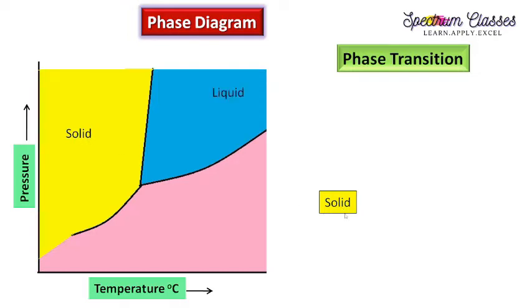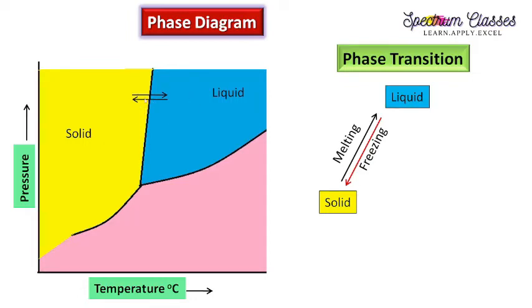When this solid is converted to liquid, this conversion from solid to liquid of a pure substance is called phase transition, and it is called melting. The reverse conversion from liquid to solid is known as freezing. So here we have one equilibrium between these two phases, solid and liquid.